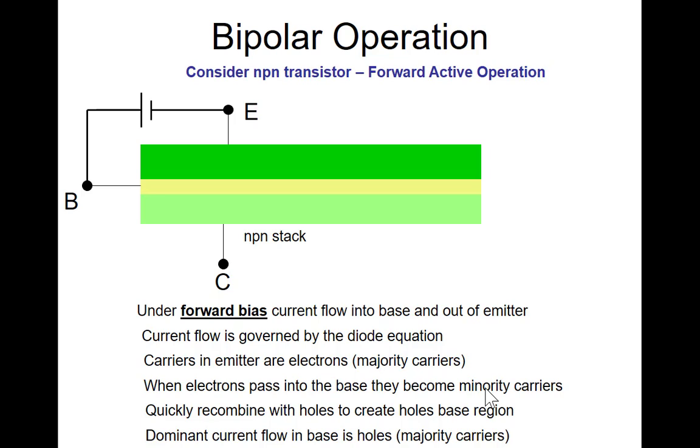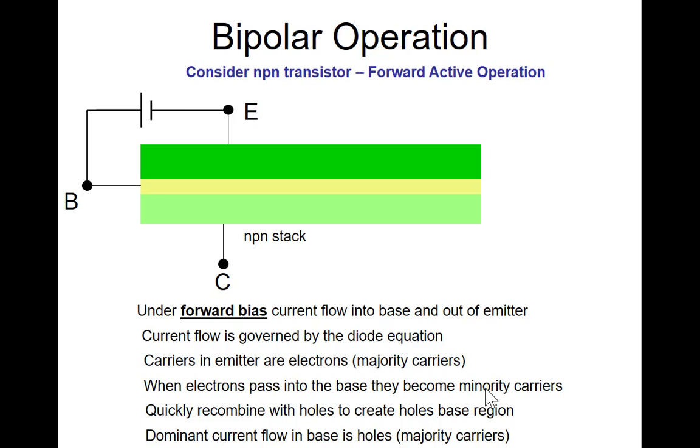And sometimes if you burned out the transistor and you destroyed the base collector junction, you would oftentimes save the transistor and use the base emitter junction as a diode. So current flow is governed by the diode equation.